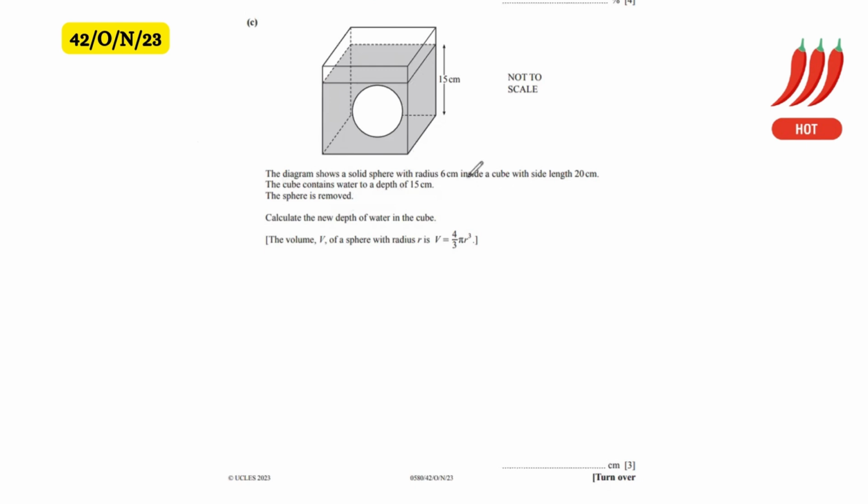So it's a cube with side length 20, so this is 20 and this is 20. So volume right now would be 20 times 20 times 15. Volume of water with sphere.